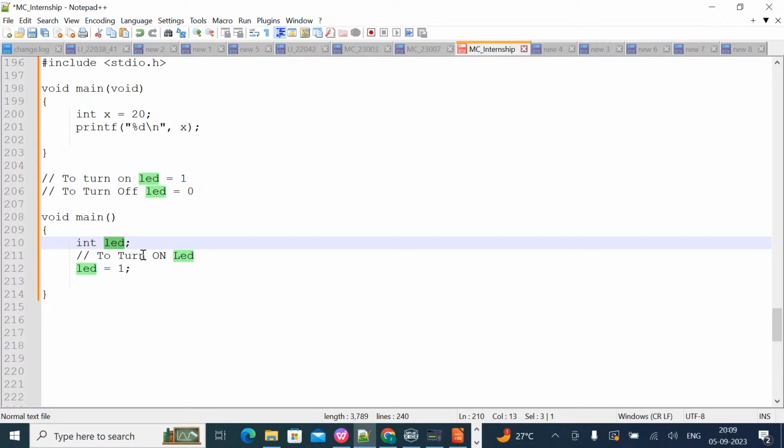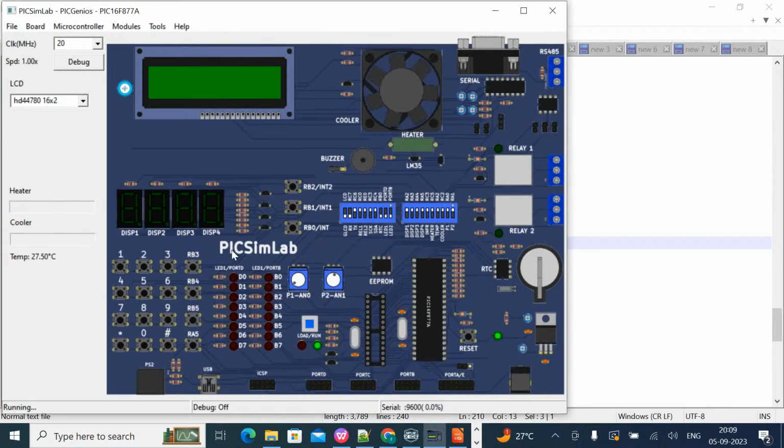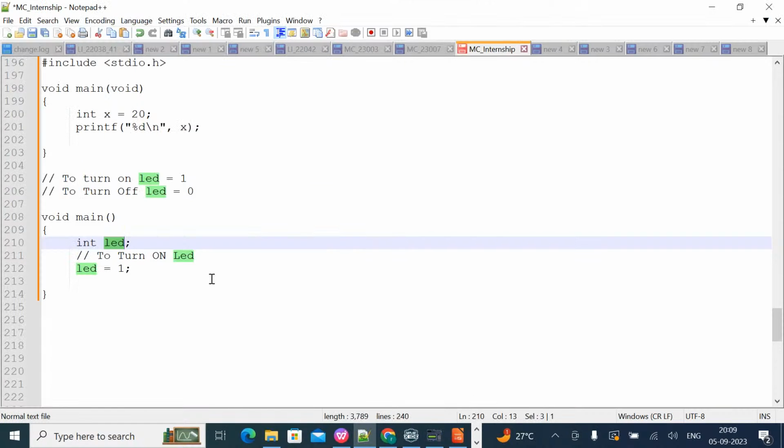What type of variable? Don't you think it is just an integer variable I declared? Does this LED variable mean the onboard LED we are having? Obviously no. It is just a simple integer variable, right?